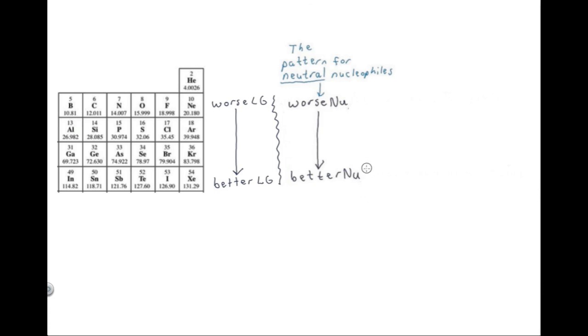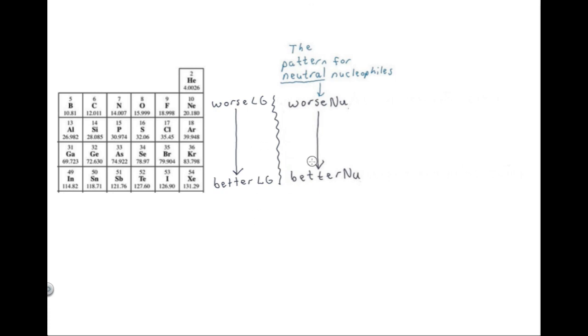Well, I hope you remembered that the trend for comparing neutral nucleophiles from the same column of the periodic table is the same as the trend that we just learned for leaving groups. When you move down a column of the periodic table, leaving group ability improves. And when you compare neutral nucleophiles in the same column of the periodic table, nucleophile ability also improves as you move down a column. So it's important for you to have both of these trends memorized.